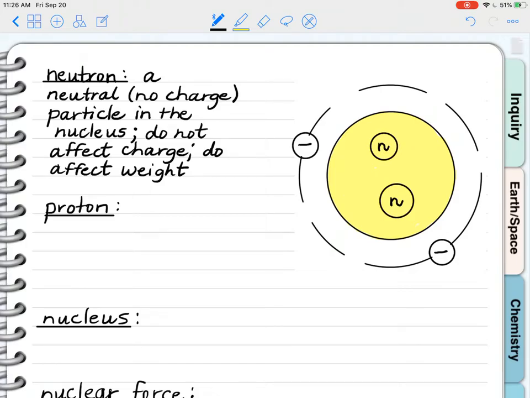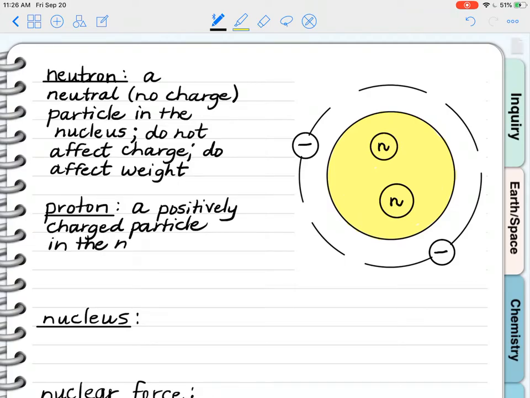Okay, a proton is a positively charged particle in the nucleus of an atom.